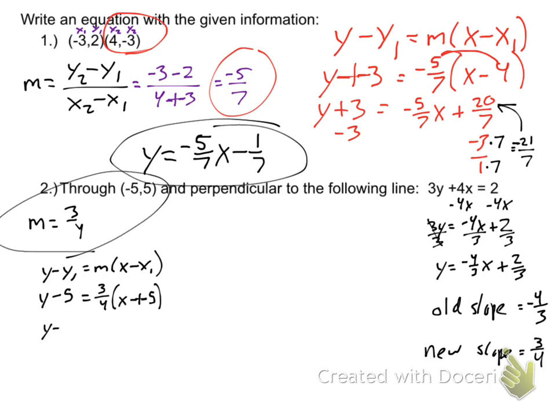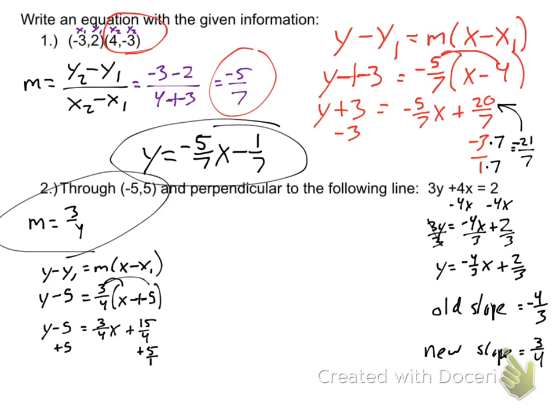Distribute. If I distribute 3/4, what do I get? 3/4 x plus 15 over 4. So now the last part we have to do is add 5. But 5 is really 5 over 1.